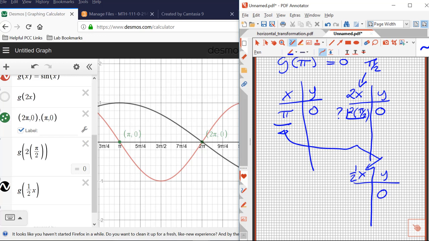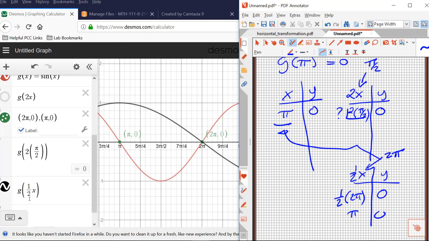Well, it looks like if I'm multiplying this thing by a half, I need to enter 2 pi. So when I come over here, I enter 2 pi, and indeed that gives me pi, which produces the 0. So that's why this point is way over here now. It's just going to take you twice as long to get to that same value, that same output.